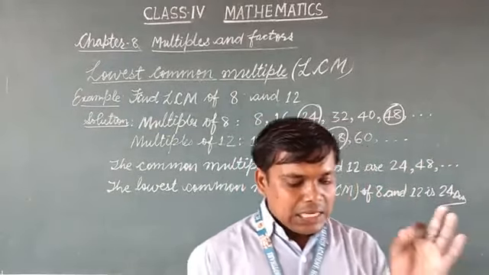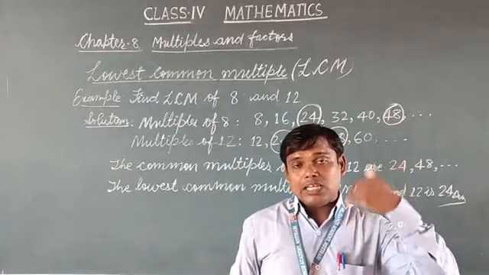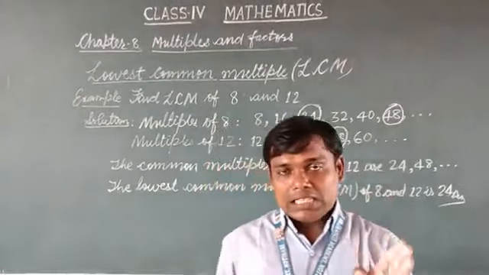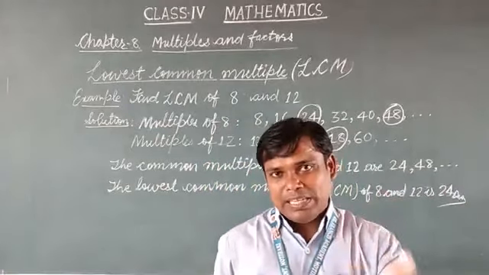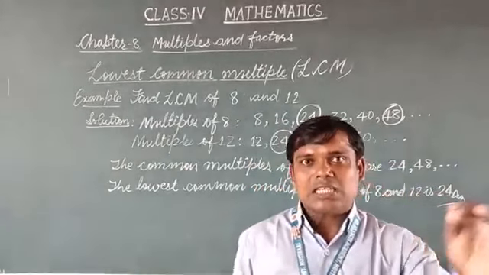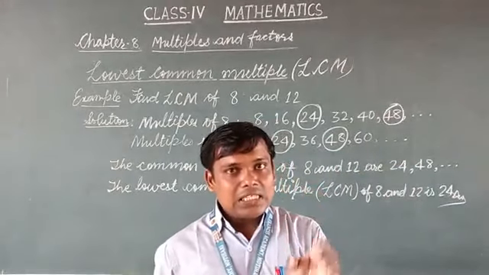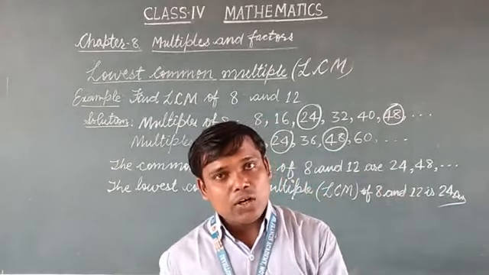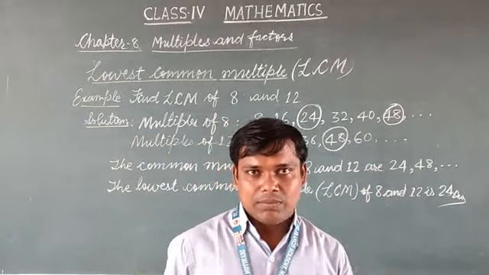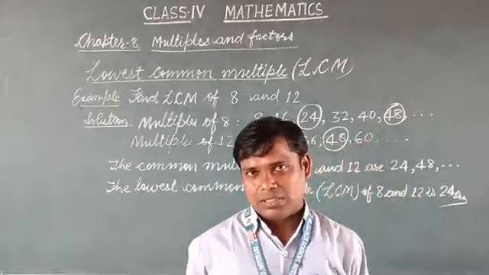Then the LCM of two or more numbers cannot be less than any of them. In case of HCF, the HCF of two or more numbers will be equal to or less than the smallest number given. But here LCM of the given numbers cannot be less than any of the given numbers. It will be equal to or more than the greater number.